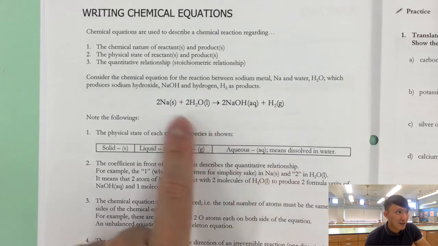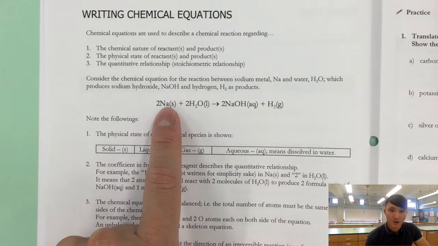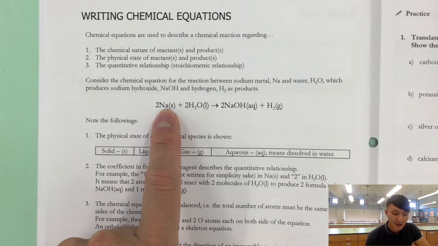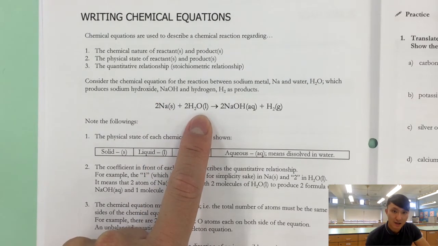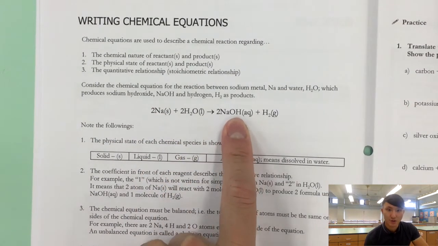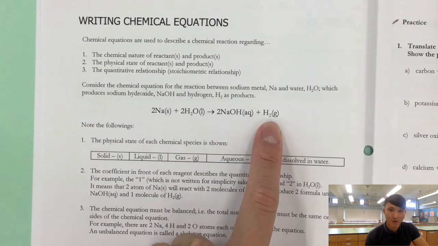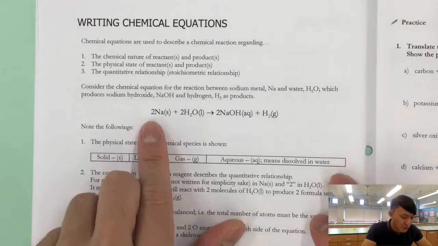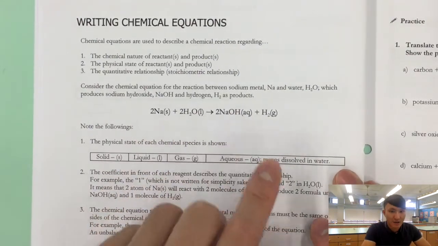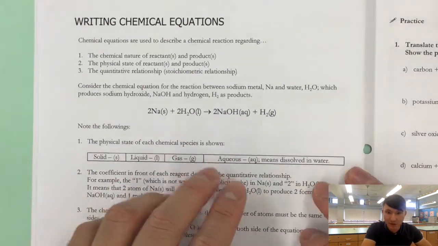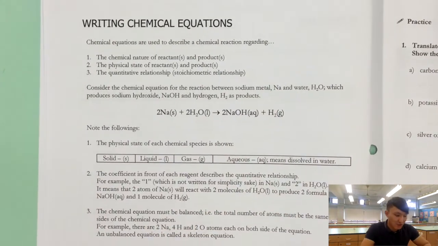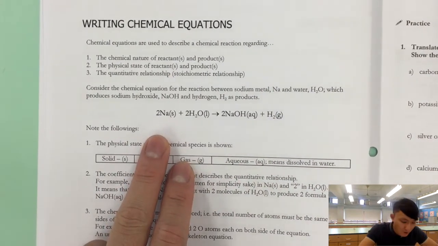Basically, it means that 2 sodium reacts with 2 water to form 2 sodium hydroxide and 1 hydrogen. Okay? Why do we have to put down these numbers? Or in other words, how can we put down these numbers? Now, let me break it down to you. How does it work?